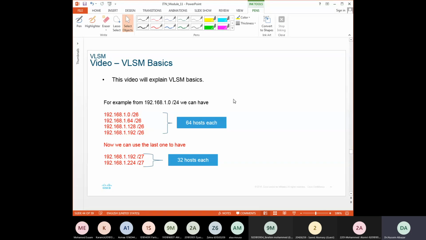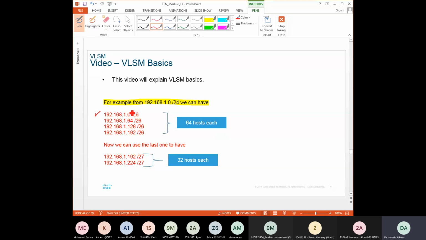For example, suppose we have this network 192.168.10.0/24. From this network, I can create 4 subnets if I borrow 2 bits. So the first subnet is 192.168.10.0, the magic number is 64.